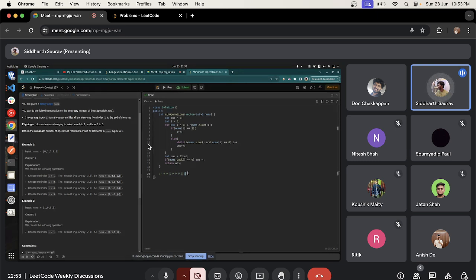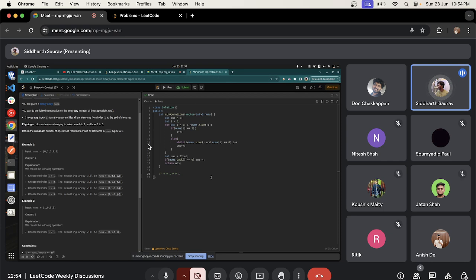One observation I made in this question was that I started from the back. For the ones we don't have to do anything, but when we encounter the first zero, we have to make it one. Now how can we make this one? If we flip these three elements, then this will become one, but these two will again become zero.